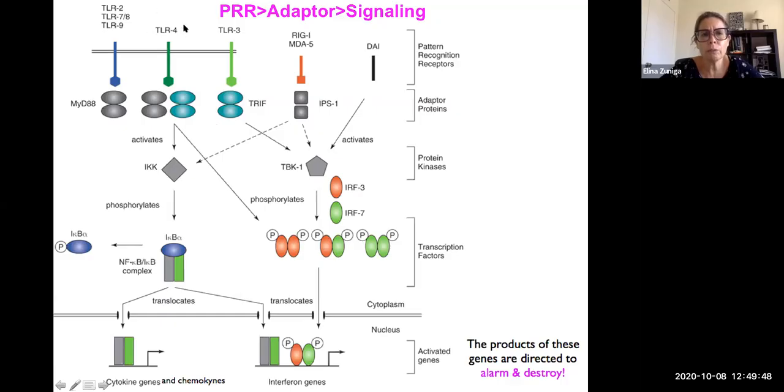So when toll-like receptor 4, for example, senses the presence of a gram-negative bacteria because it is engaged by LPS, MYD88 will trigger a signaling that leads to IKK activation, NF-kappa B translocation into the nucleus, and activation of cytokines and chemokines. And that's fantastic because these cytokines and chemokines now will go and alarm the body that there is a presence of a gram-negative bacteria and trigger mechanisms for its destruction.